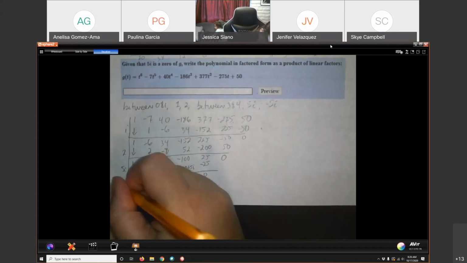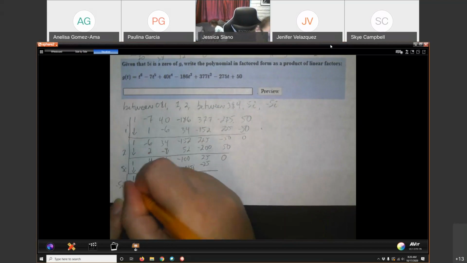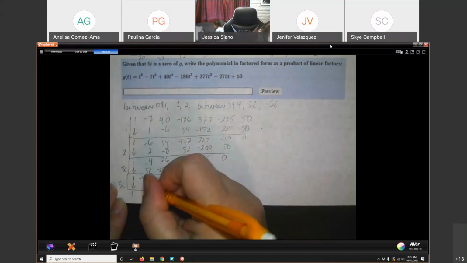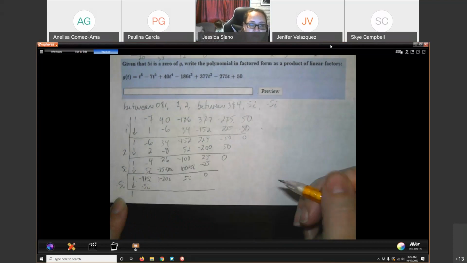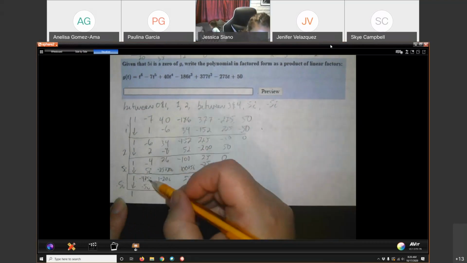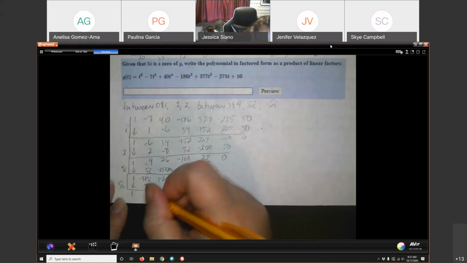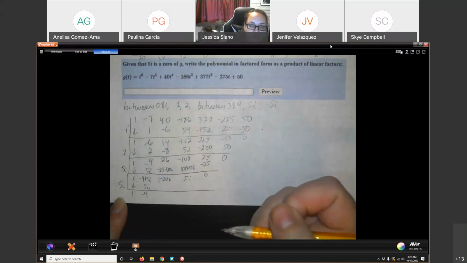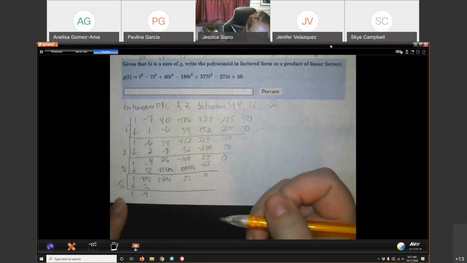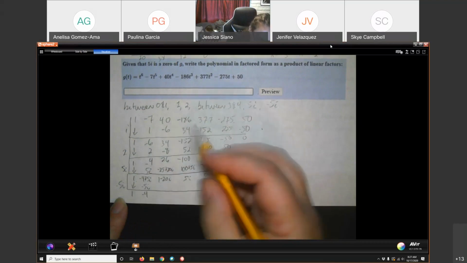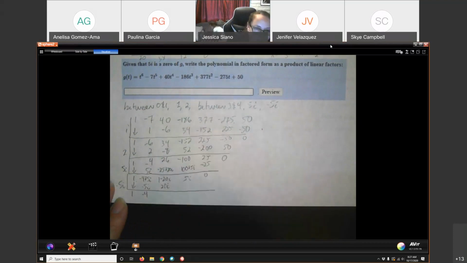So then let's do the negative 5i. Bring down the 1. 1 times a negative 5i is a negative 5i. Well, a negative 4 plus 5i minus 5i is just negative 4. And then a negative 4 times a negative 5i is a positive 20i.